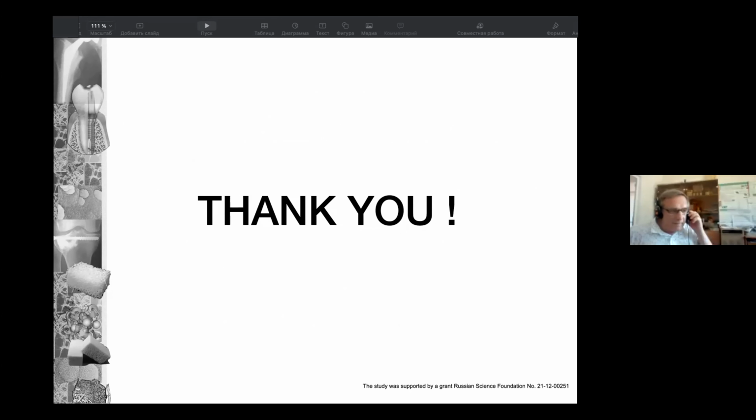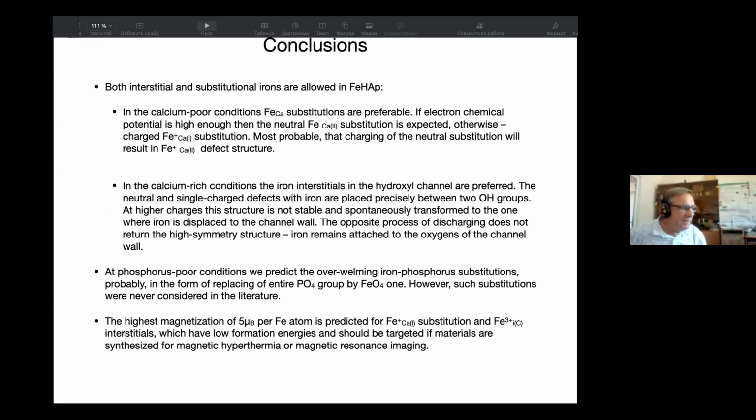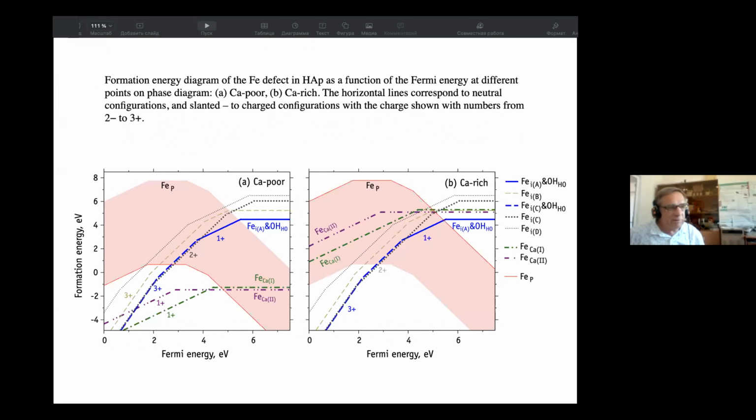So it is a neutral position, but iron is plus. Can you explain in more detail what is most preferable in this case? It's very interesting. So in calcium poor? Yes. Which is the iron substitution in this case?